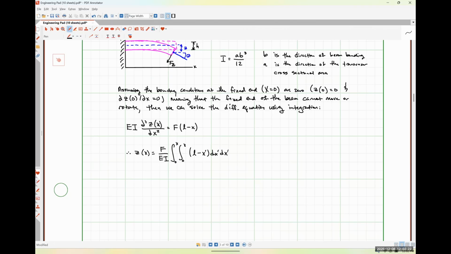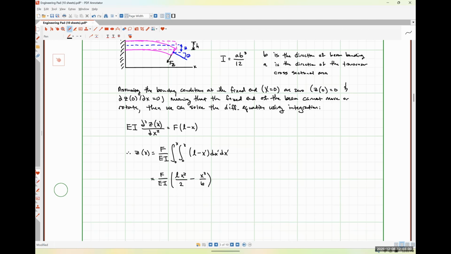And if I integrate this thing twice with respect to X, what I'm going to wind up getting is F over EI times length times position squared over 2 minus position cubed over 6. So this is telling me what amount of deflection I experience if my force is applied at some position X along the length of my beam.